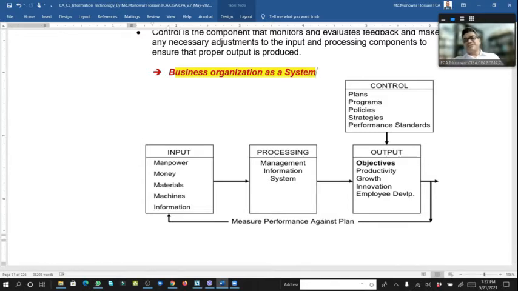After processing, it comes out as output, that is objective, productivity, growth, innovation, and development, and these measure the performance against the plan. What are the standard or plan, that target, measure the performance within the target also, and control: plan, program, policy, strategy, performance standard, etc. So it is the business organization as a system.